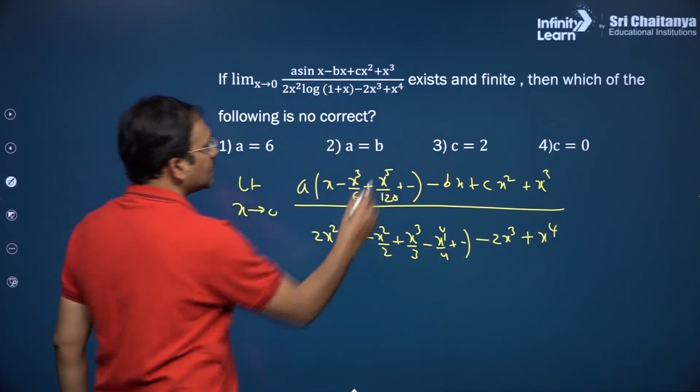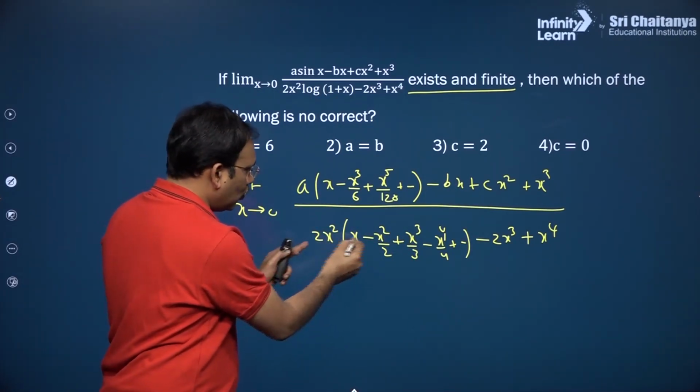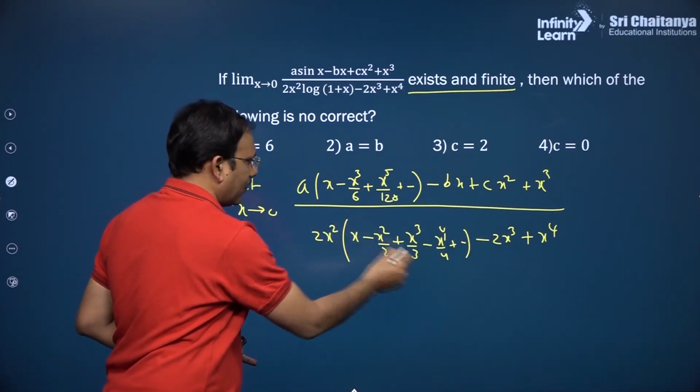Given this limit exists and is finite, so undoubtedly in the denominator 2x cube got cancelled, my dear friends.